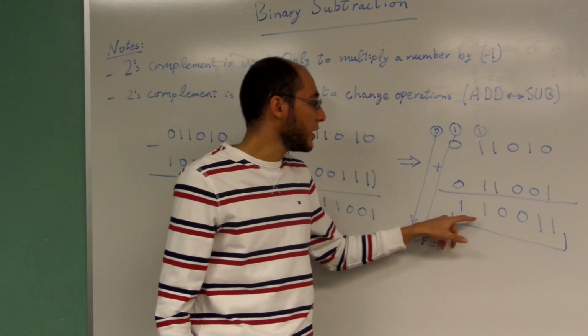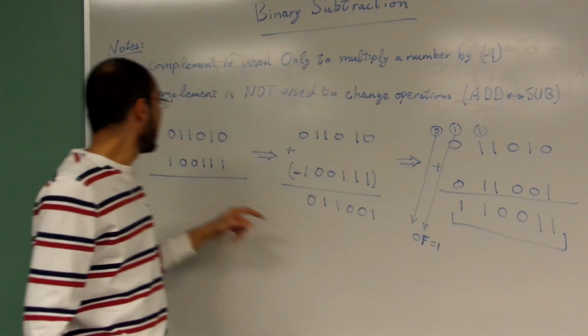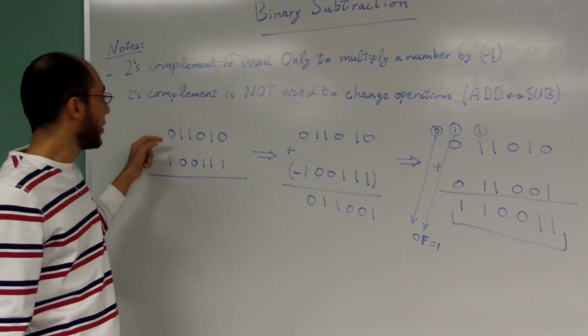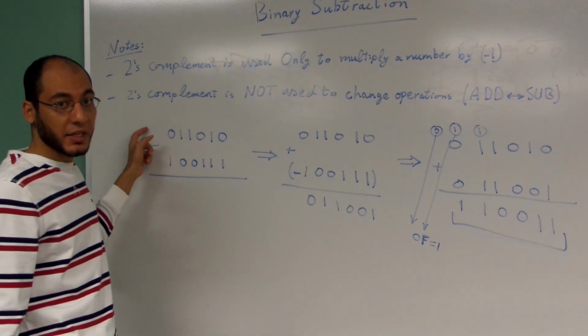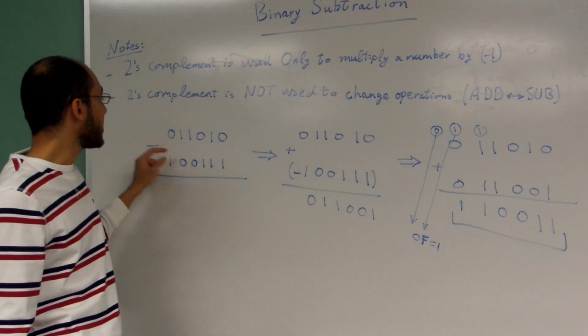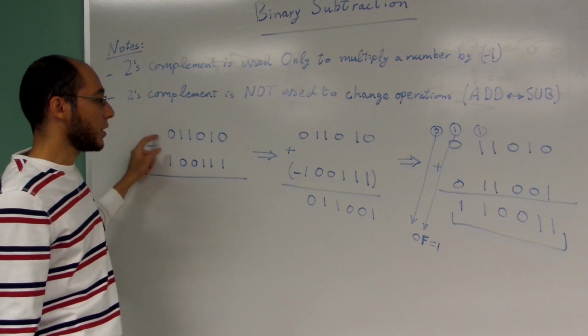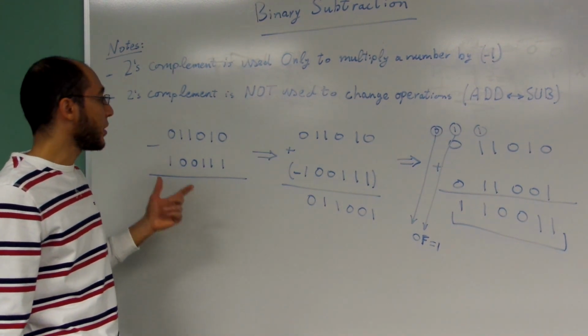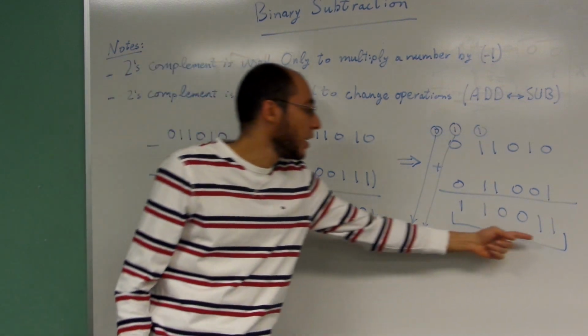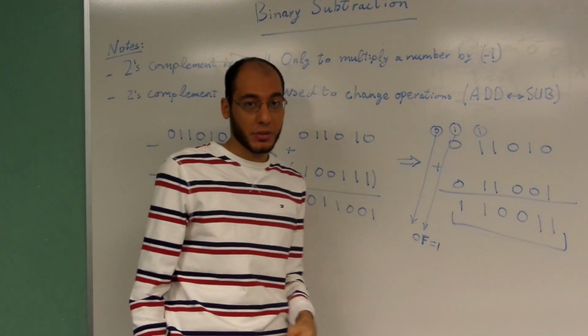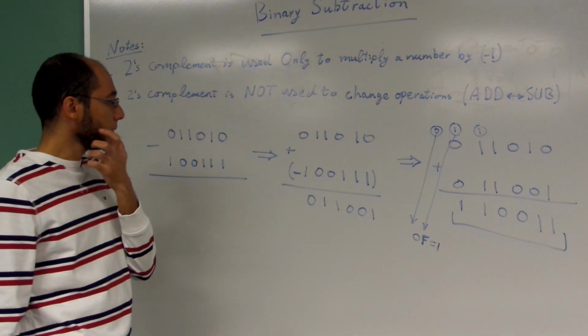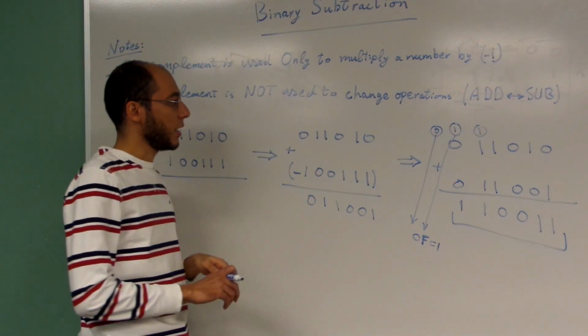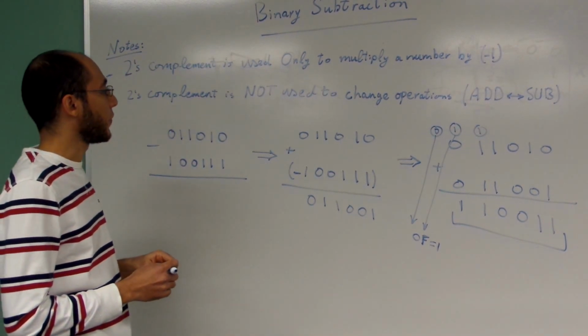It does not really represent the subtraction of this number from that number. Why is that the case? Because the subtraction of these two numbers cannot be represented in 6 bits. I can explain this at the end of this video.